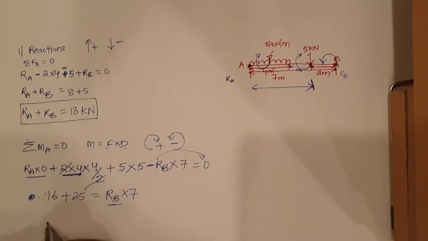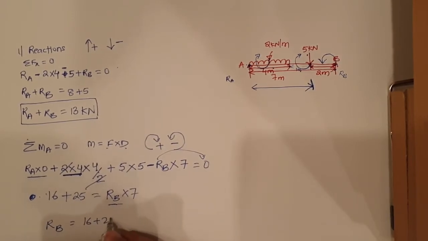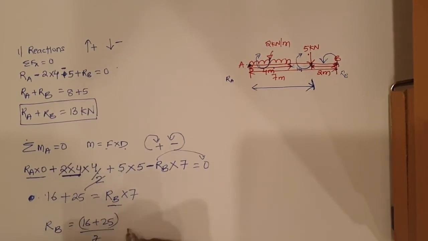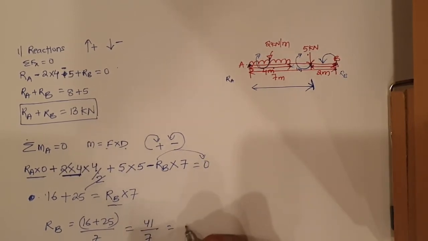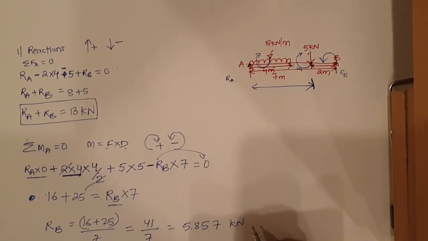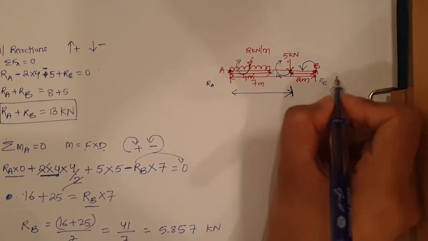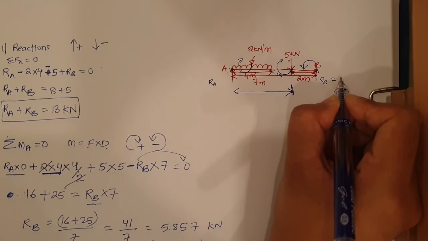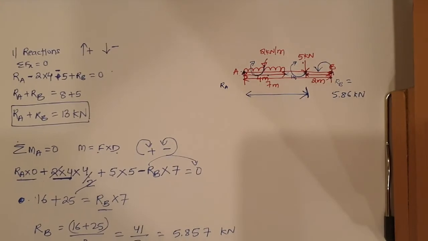Now from here I can find RB, so my RB will be equal to 16 plus 25 divided by 7, and 16 plus 25 will be equal to 41 divided by 7, and this will be coming equal to 5.857 kilonewton, and approximately we can take this value equal to 5.86 kilonewton. So we have found RB. So RB is coming equal to 5.86 kilonewton, right?